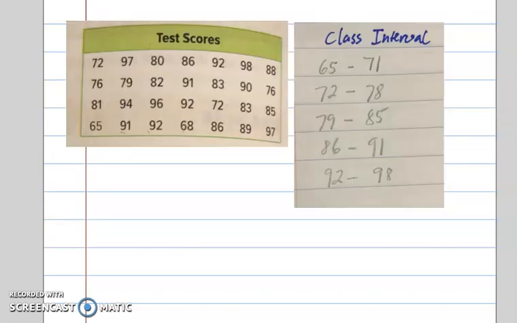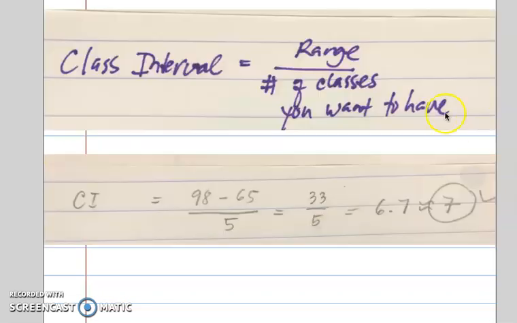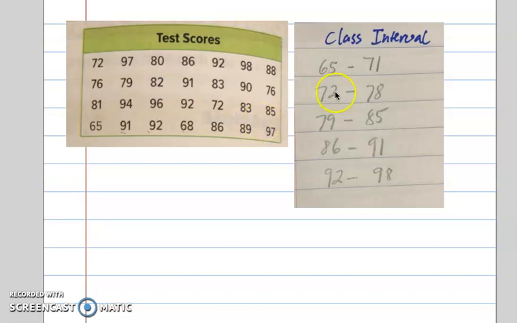The class interval is the groups between, so, for example here, 65 to 71. Remember we said we want our class interval to be 7. So here it says 65 to 71. Where did I get 65? 65 is the lowest data that we have. So if you count 7 starting from 65, including 65, it will be up to 71.